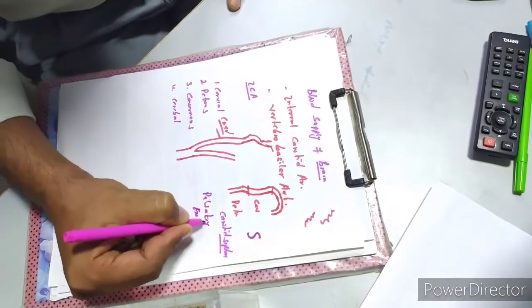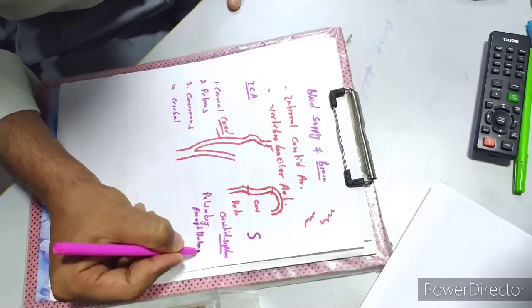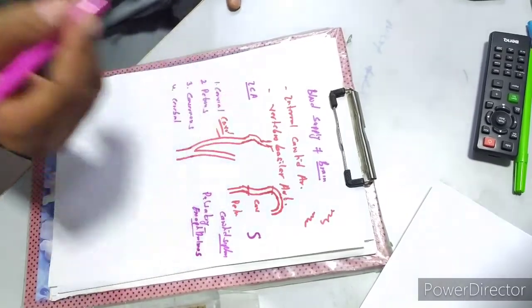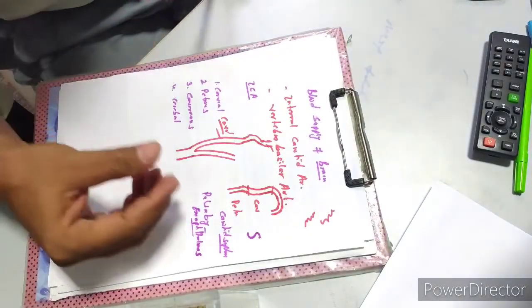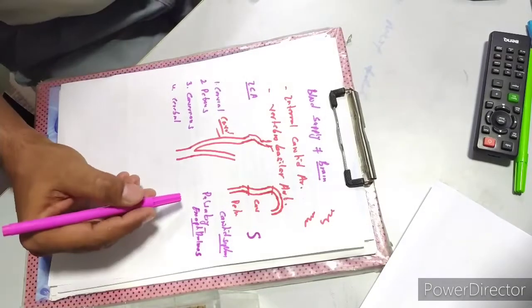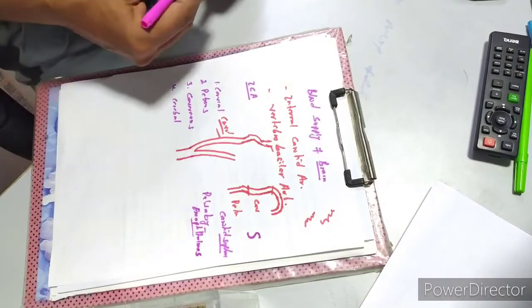Pulsating exophthalmos means the eye protrudes anteriorly and it comes outside and goes inside according to the pulsation of this artery. Okay, so this is pulsating exophthalmos. So this is the internal carotid artery.